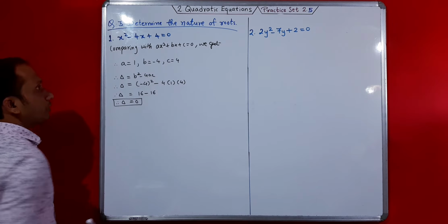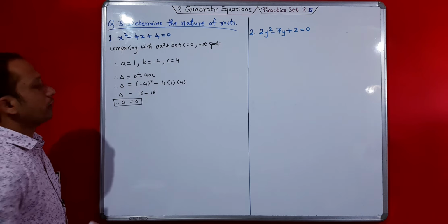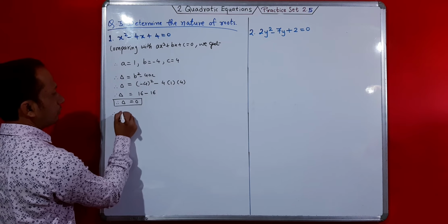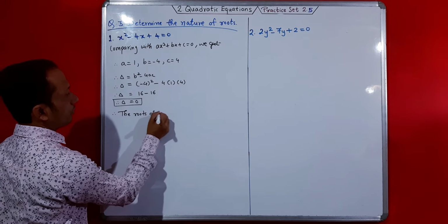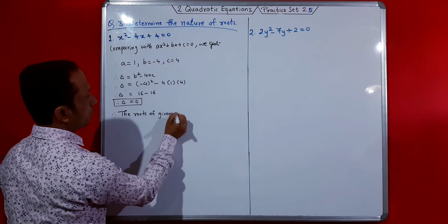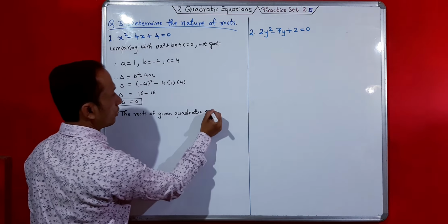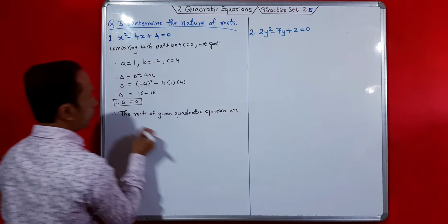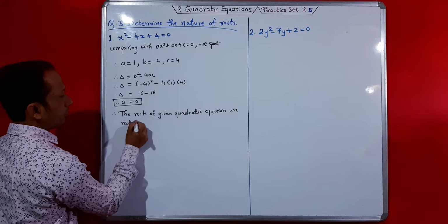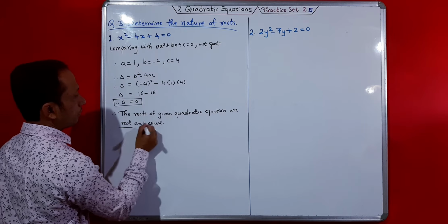Therefore the roots of the given quadratic equation are real and equal. If delta is equal to 0, the roots are real and equal.